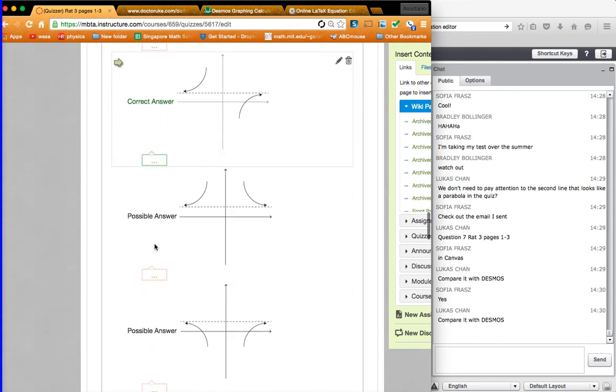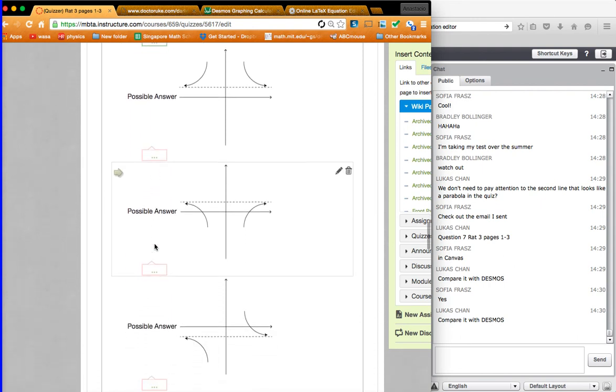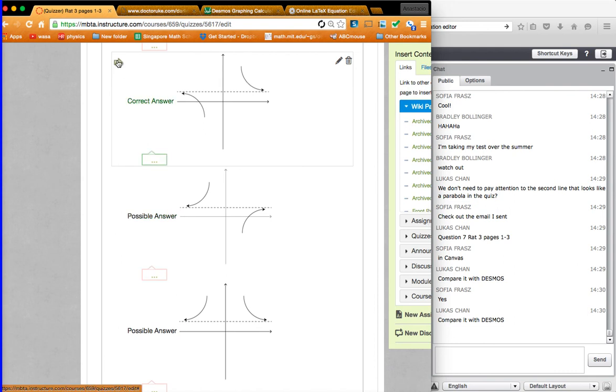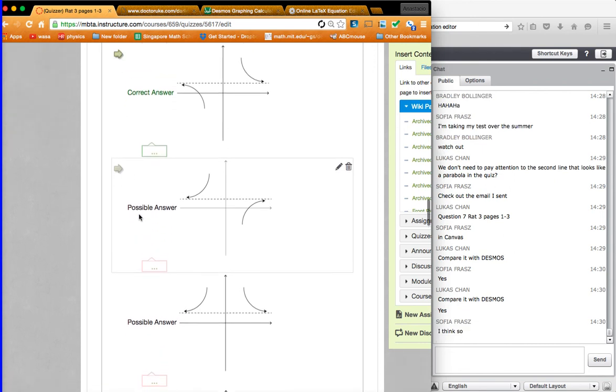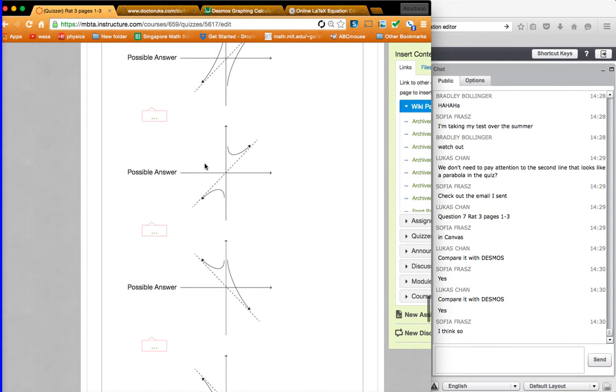Ooh, I think I found my mistake. Is it this one right here? Yeah. All right. Yeah, you're right. Because -3 is the x-intercept that's right there. You guys got it.